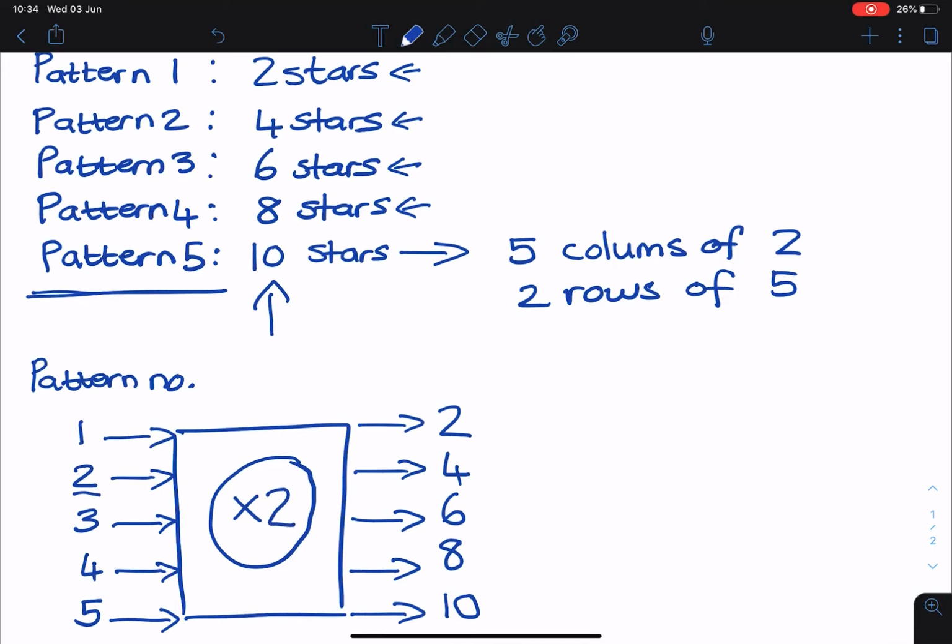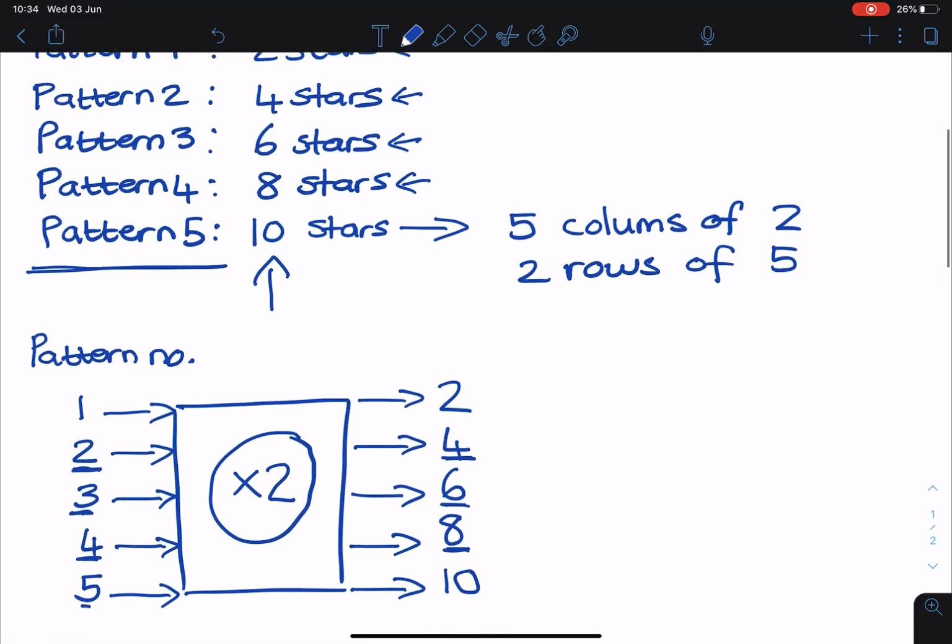Pattern 2, we multiplied by 2 to get 4. Pattern 3, we multiplied by 2 to get 6. Pattern 4, multiplied by 2, 8. And pattern 5, multiplied by 2 is 10.